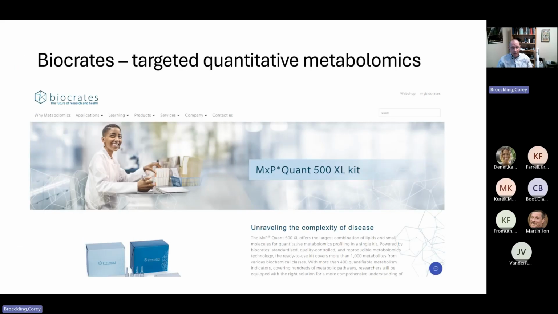I also wanted to highlight a nice application that Lin-Sing's been participating in with a researcher here in town called Biocrates. And this is effectively a metabolomics kit that is used for sample preparation. And so it's really designed primarily for blood analysis, mammalian blood type samples.